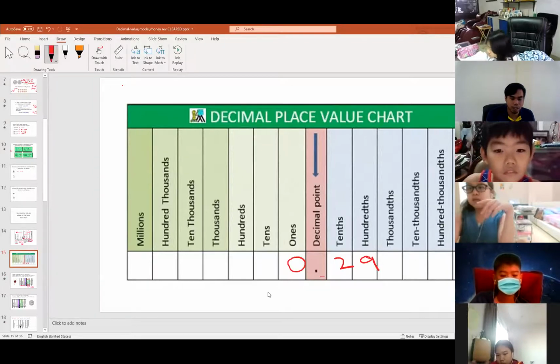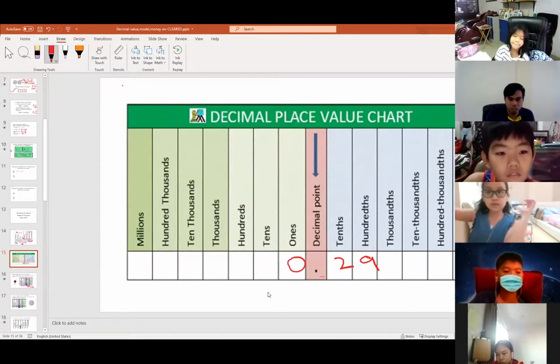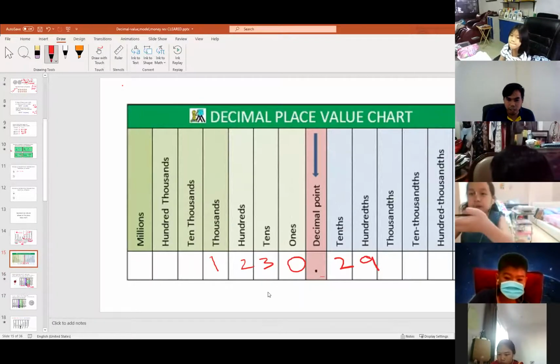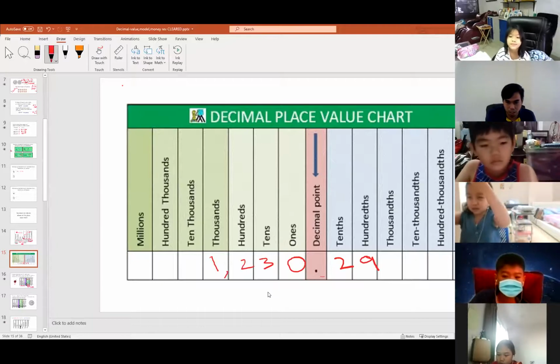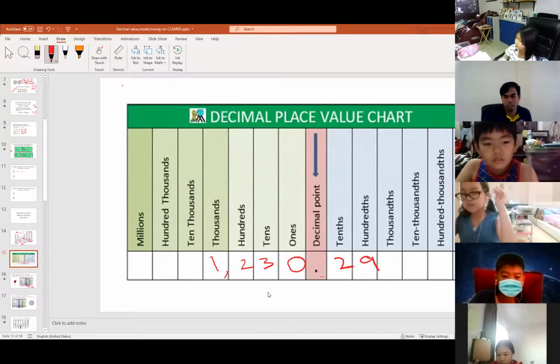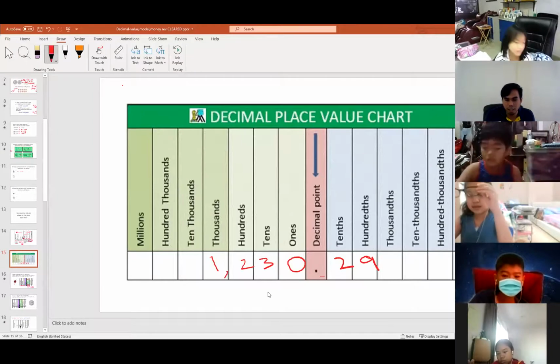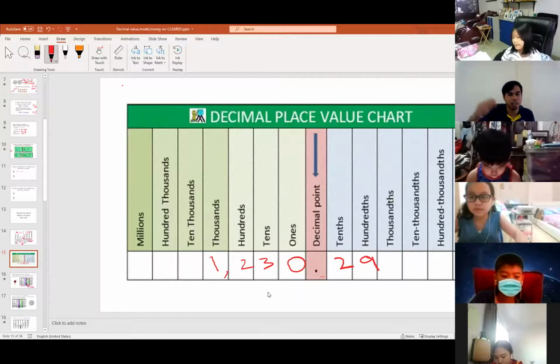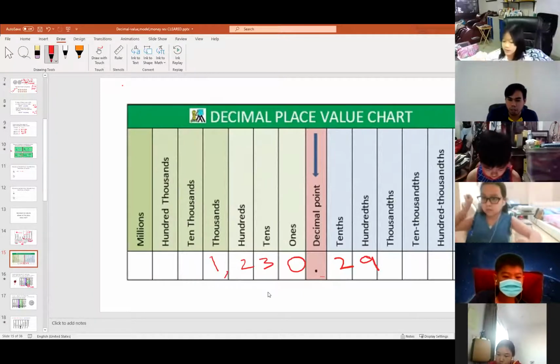Remember the whole numbers? You can have 1023, and then you can say this is thousands, this is hundreds, this is tens, this is ones. For decimals, tenths begins on the right, and then goes hundredths after that, then thousandths.